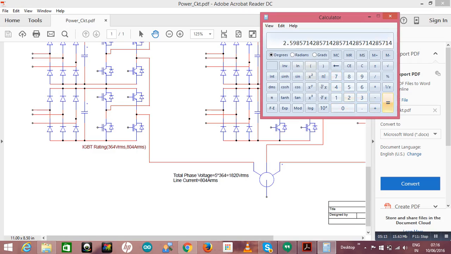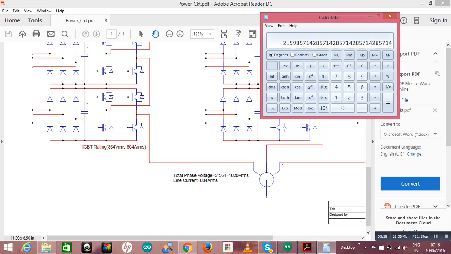Then you see, I can complete the things within 3 cells in each phase, and that is 9 cells for 3 phase. So this entirely depends on the number of cells, and it entirely depends on the IGBT rating.